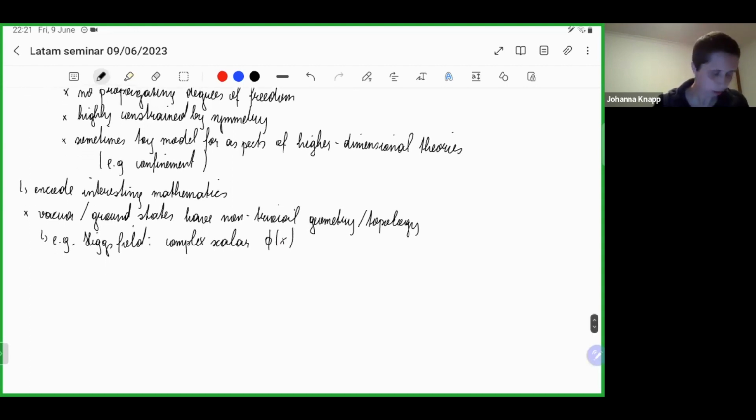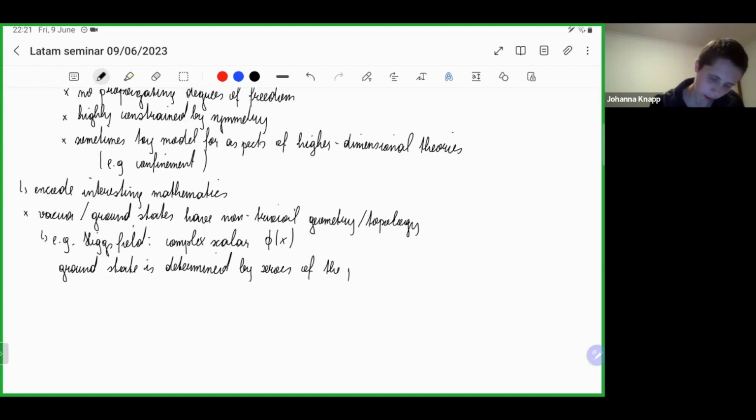And you can just write down an action with a kinetic term and a potential. Then you may couple it to fermions and the whole standard model, but we don't even want to go that far. What's important in this case is that the ground state is determined by the zeros of the potential, the interaction term in your action.